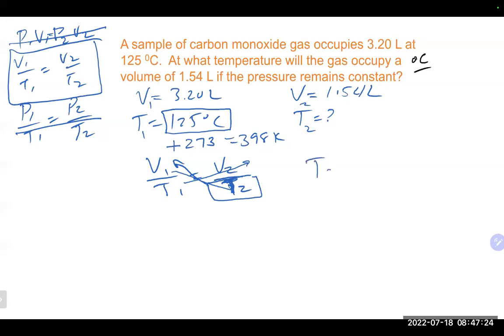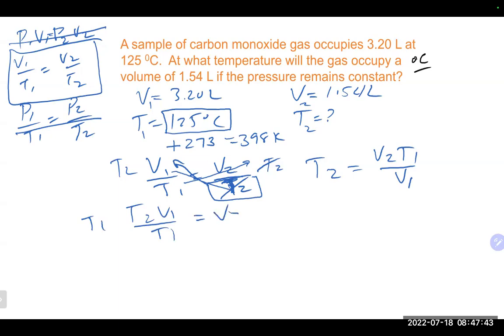That gives us T2 is equal to V2 T1 over V1 when you rearrange it, basically multiplying T2 to both sides, and then multiplying T1 to both sides, and finally dividing V1 to both sides at the end there, gets us over to there.